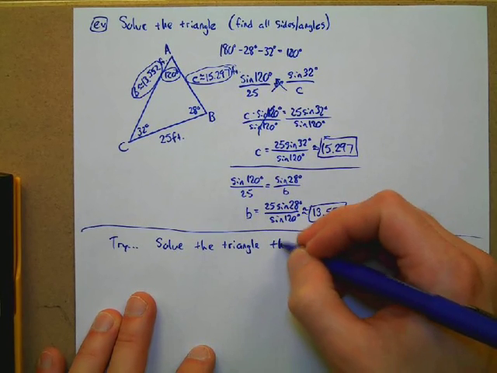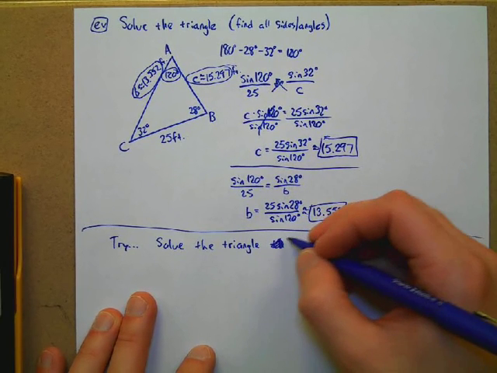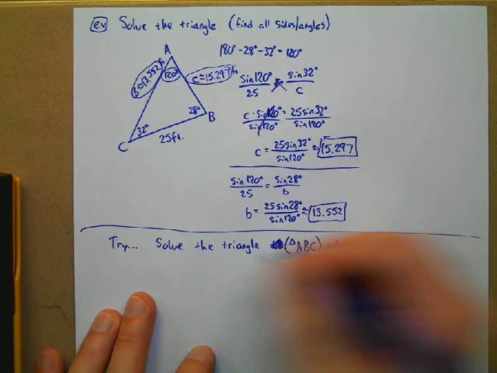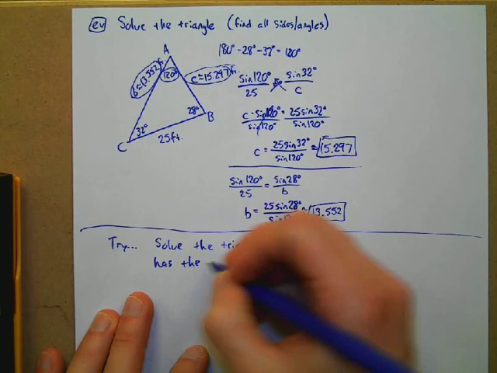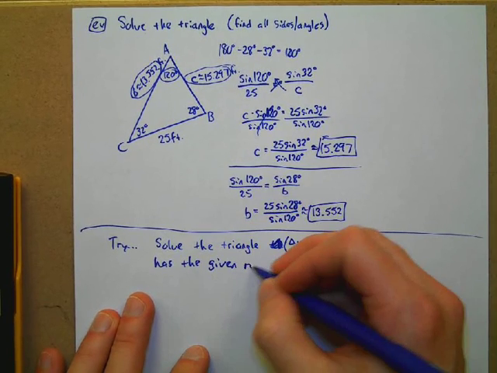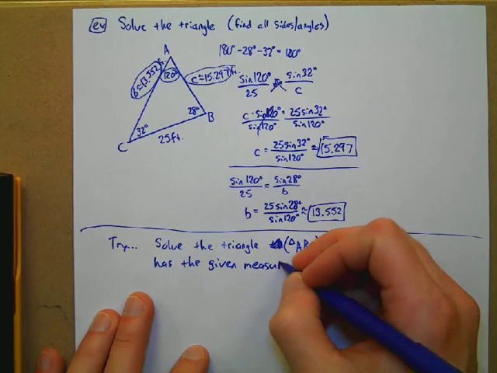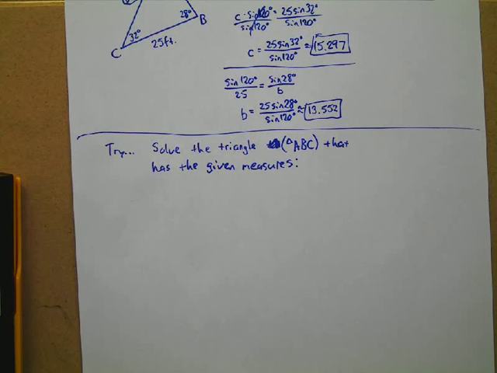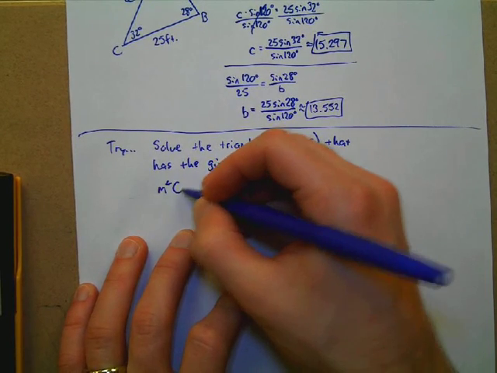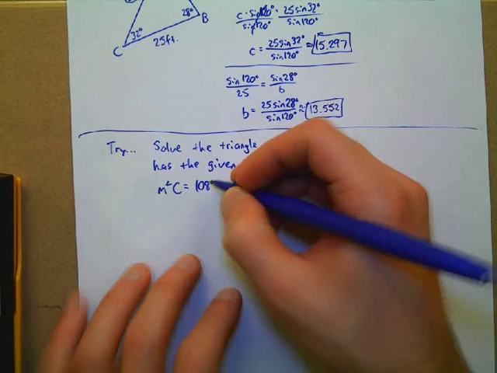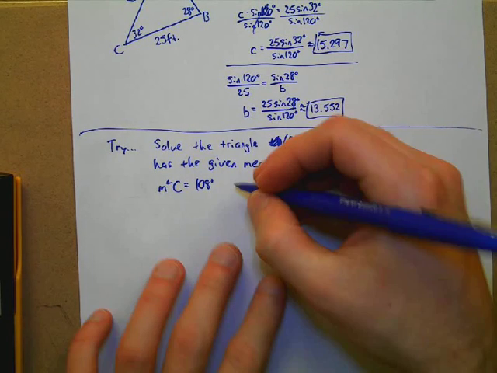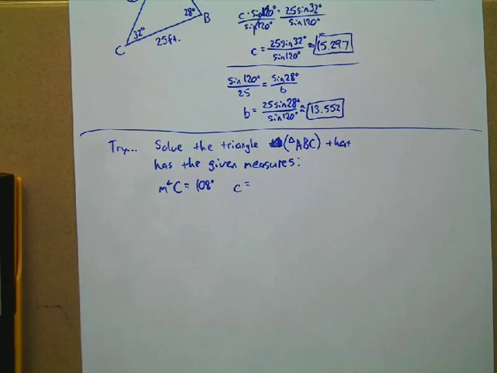The directions are: solve the triangle ABC that has the given measures, and we're going to say that the measure of angle C is 108 degrees, side c is 56 meters, and side b is 27 meters. So go ahead and find the remaining pieces there.